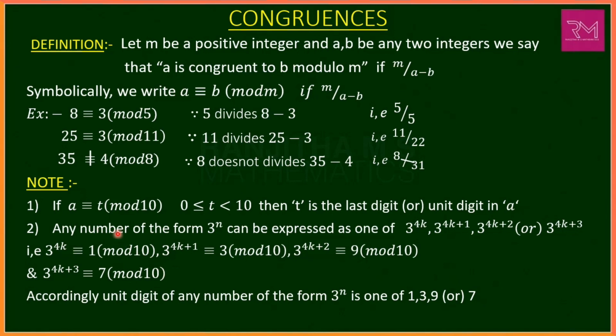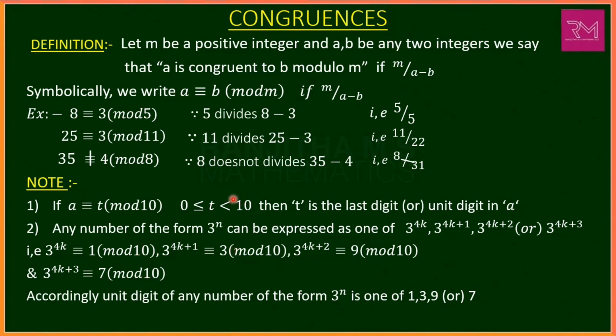So any number of the form 3 power n can be expressed in one of these ways: 3 power 4k, 3 power 4k plus 1, 3 power 4k plus 2, 3 power 4k plus 3. Here k takes values from 0 to infinity. So we get congruences like this: 3 power 4k is congruent to 1 mod 10, 3 power 4k plus 1 is congruent to 3 mod 10, 3 power 4k plus 2 is congruent to 9 modulo 10, and 3 power 4k plus 3 is congruent to 7 modulo 10.